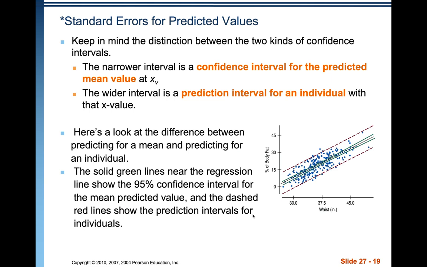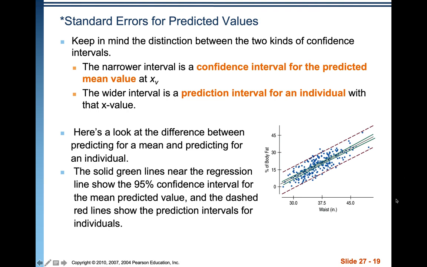Keep in mind the distinction between the two kinds of intervals. The narrower interval is a confidence interval for the predicted mean value at our particular X value. The wider interval is a prediction interval for an individual with that X value. Here's a look at the difference between predicting for a mean and predicting for an individual.